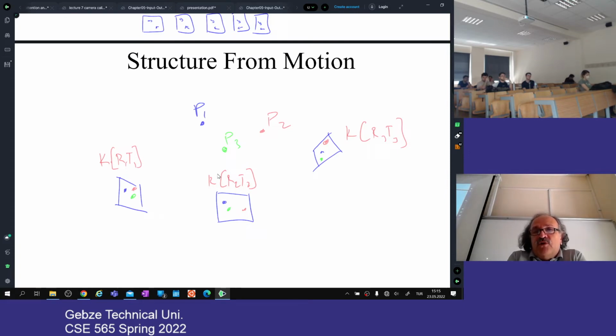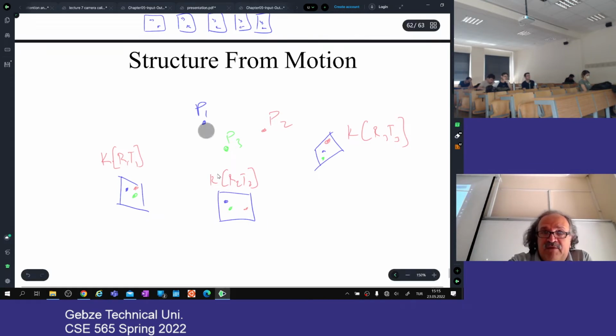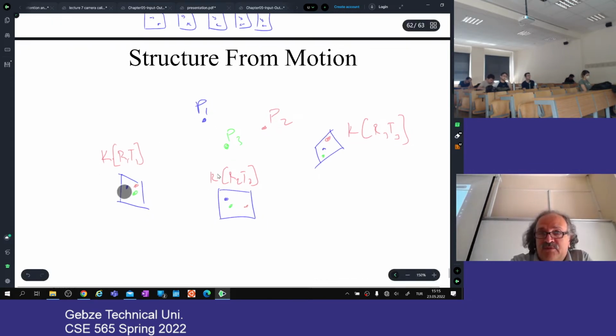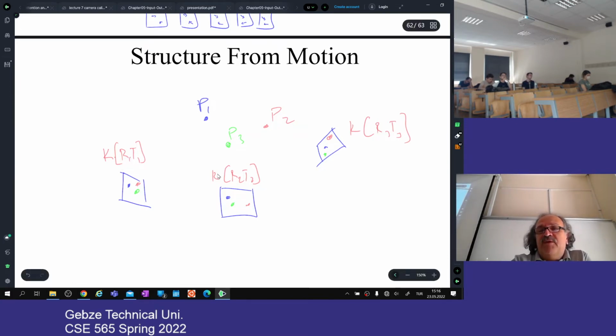Okay, 45 unknowns. How many knowns are there? I know that this P1 corresponds to this one. So I have an equation set: P1 times all these equals this one, P3 times all these equals this one. I have many knowns and I have many unknowns. Well, unfortunately, I cannot write one large linear system to solve for R1, T1, R2, T2, and P1, P2, P3.